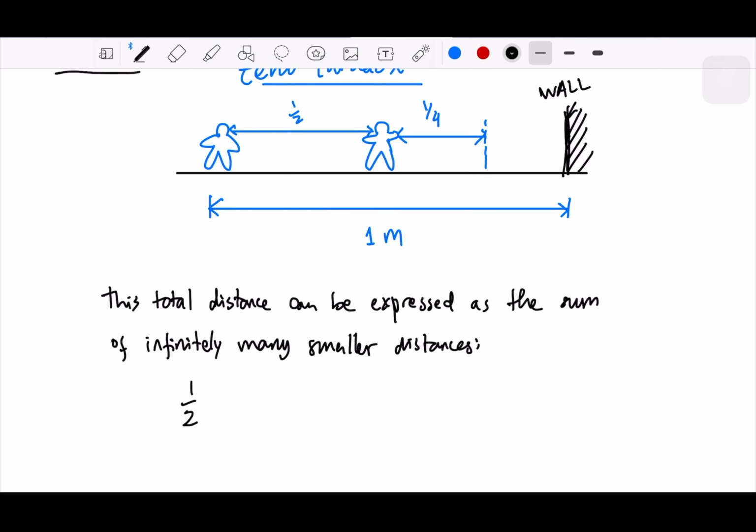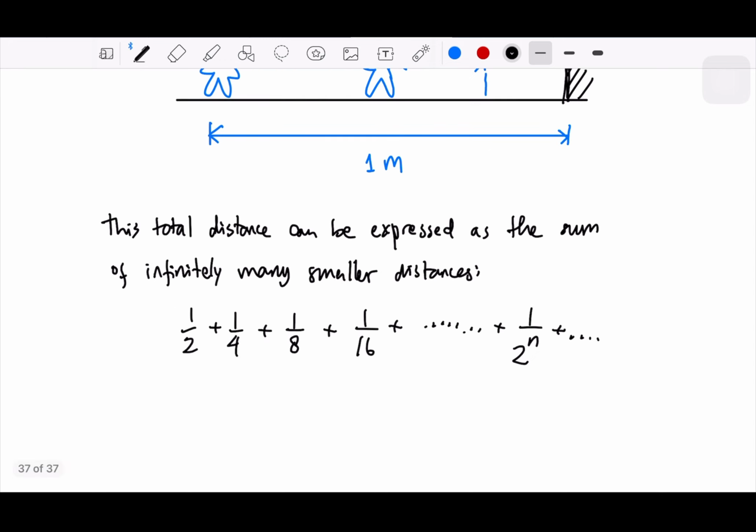So half, and we get a pattern of 1 over 2 to the power of n every time the man walks, right? And this will get closer to 1.